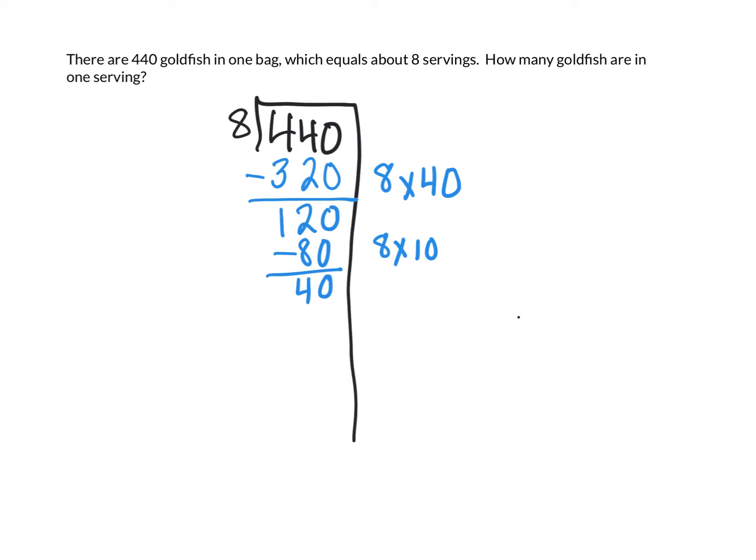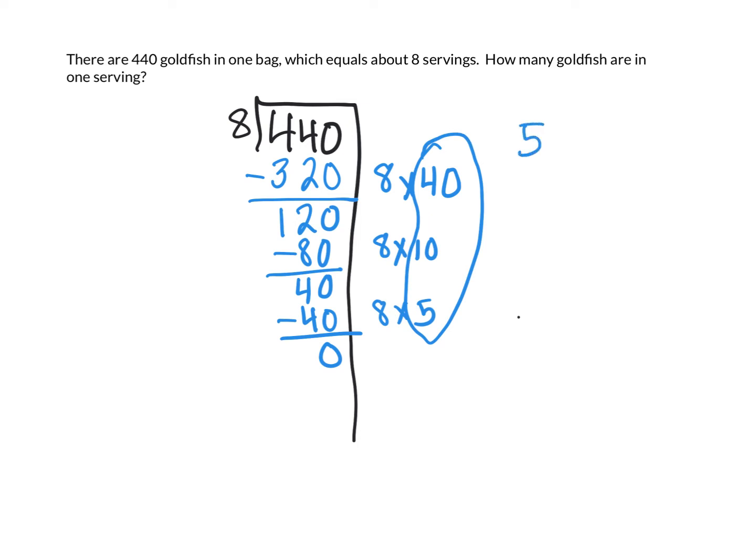I happen to know that 8 times 5 is 40, and I can subtract that off. I have 0 left, and I have 40, 10, and 5, which ends up being 55. So there are 55 goldfish in one serving.